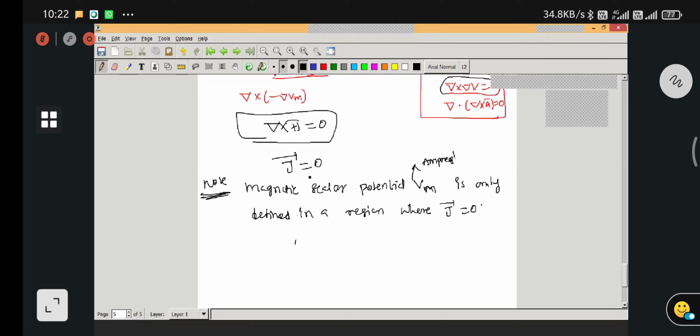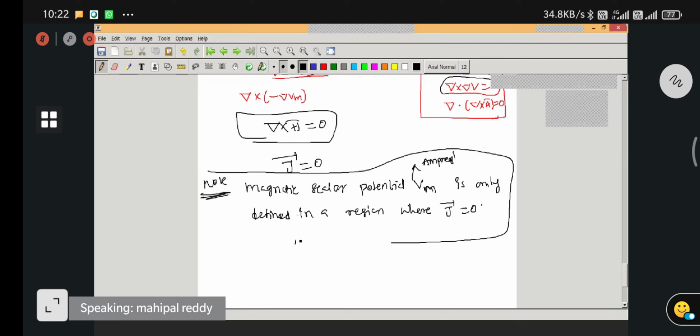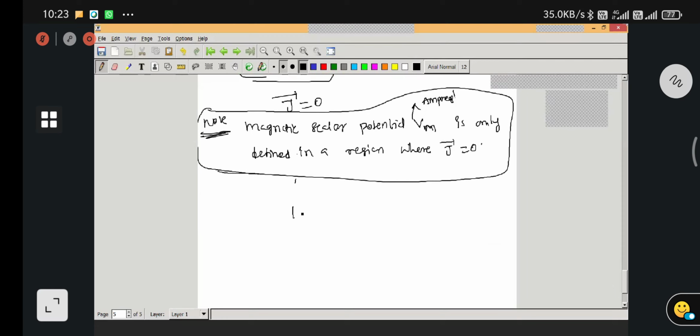This is very important. I will discuss this note point again. H vector is equal to minus del Vm, and in this term J tends to 0.